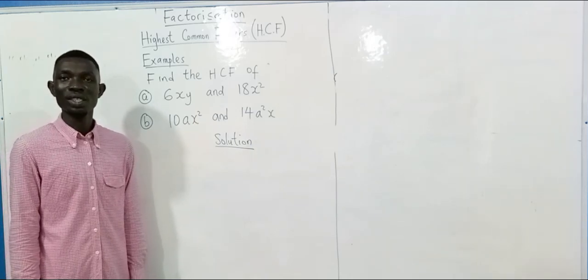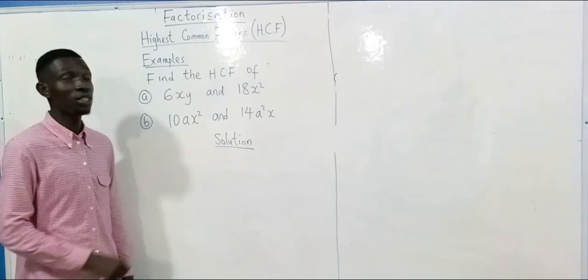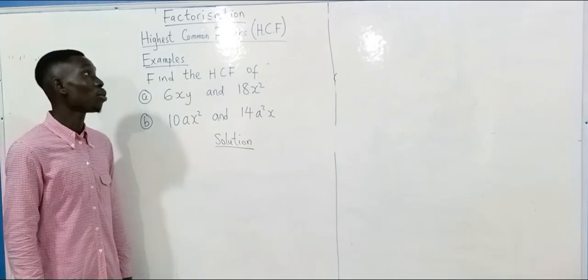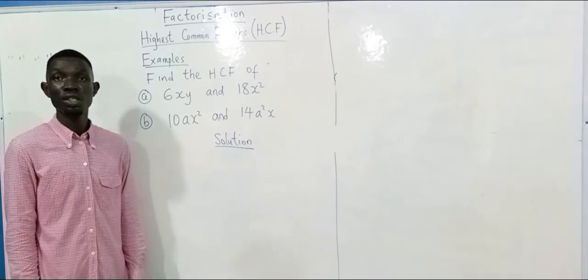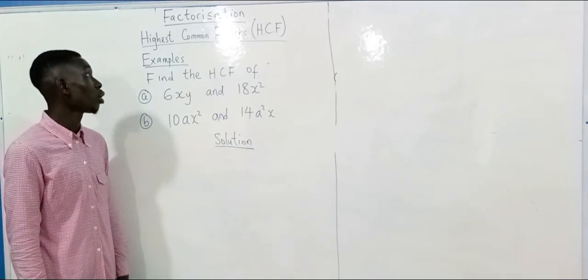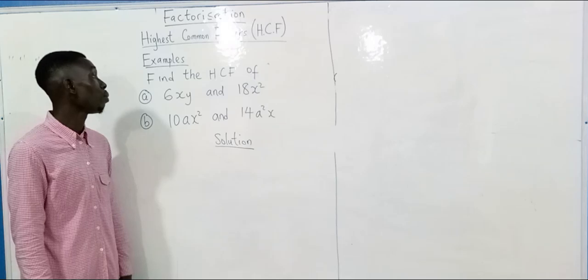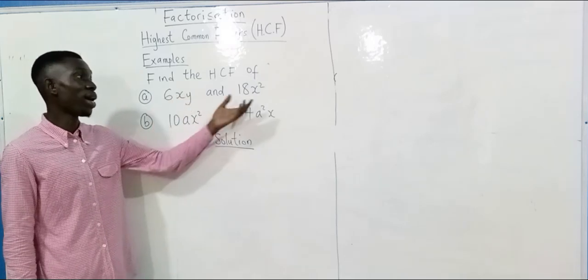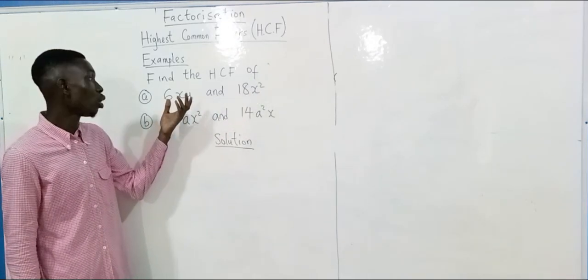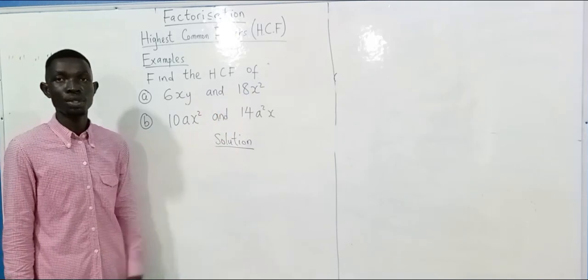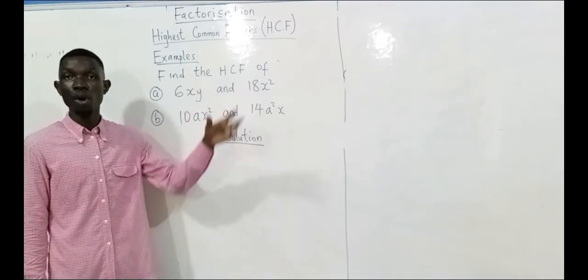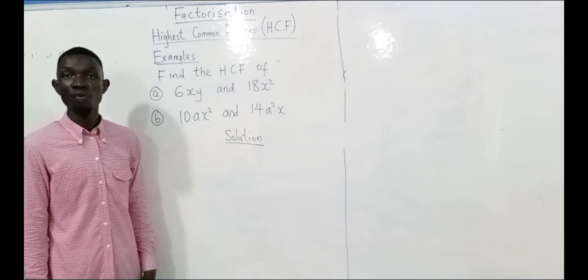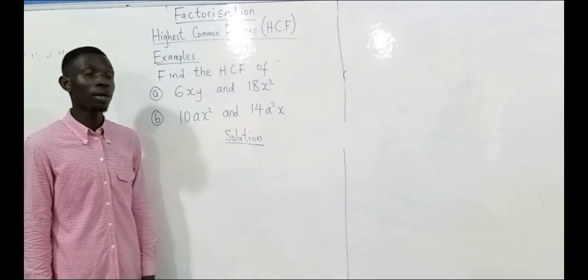Today we are still looking at factorization, and at this time we'll be looking at highest common factors, H.C.F. We are going to look at the H.C.F between algebraic terms, because the knowledge of this will help us when we dive into factorization proper.